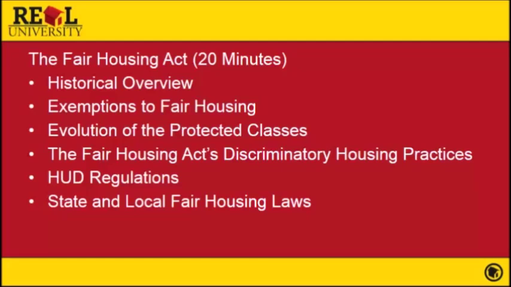The third exemption is going to be housing operated by organizations and private clubs that limit occupancy to members, right? Got it? Clear as mud. Basically what that's saying is, let's say the Fraternal Order of Eagles owns a house and they only want to sell it to a member of the Fraternal Order of Eagles.